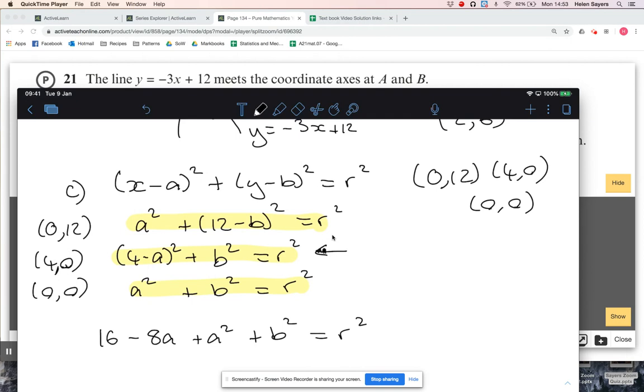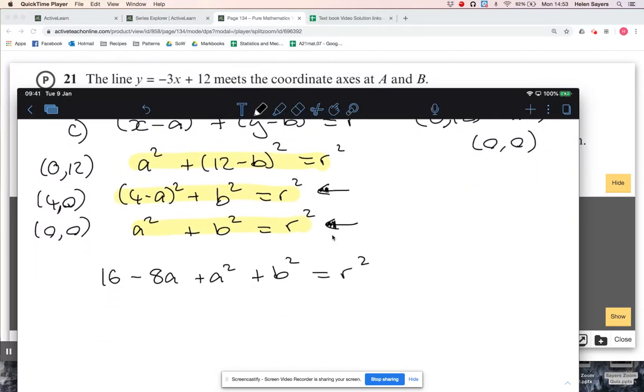And actually, just from doing that, I've now noticed a nice little shortcut I can take, because what I really don't want to do is start square rooting things. So the 2 equations I've arrowed, they both equal r squared. So therefore, they must equal each other.